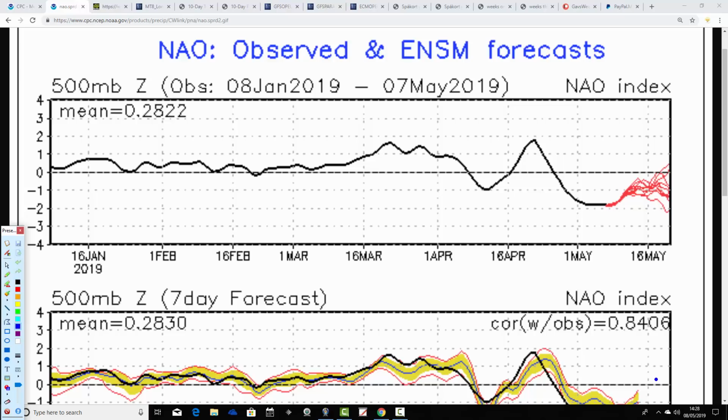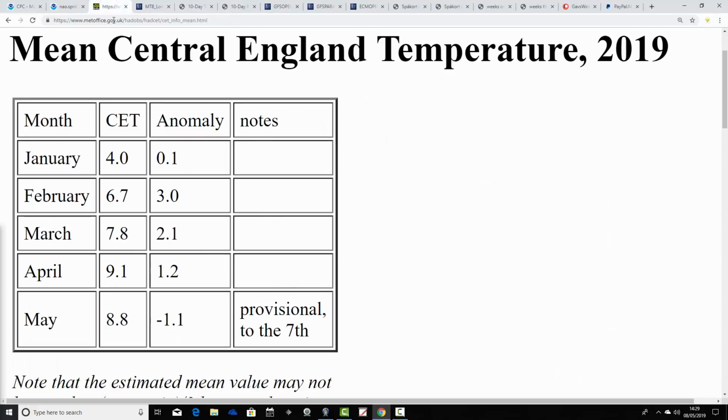The other possibility is that you will just have high pressure sitting around Scandinavia, somewhere like that, bringing in easterly type winds. That's always a possibility or even a probability in May, because May is just about our most easterly month. But anyway, we've got both of the indexes negative, and we shall see as we go through the video what the impacts of this could be.